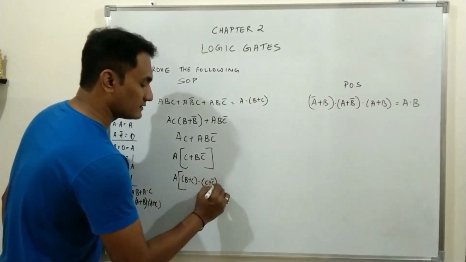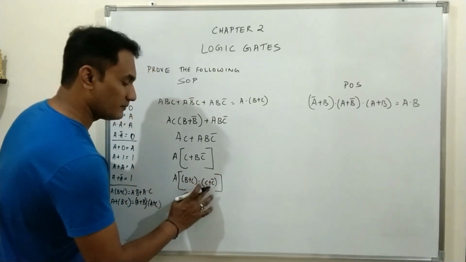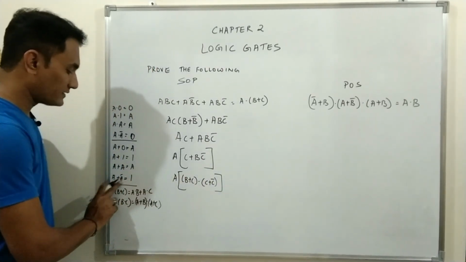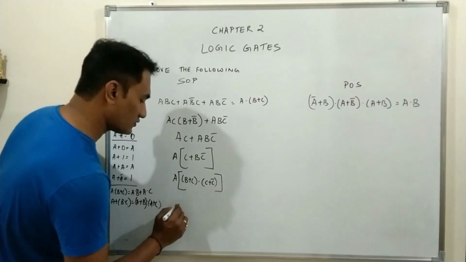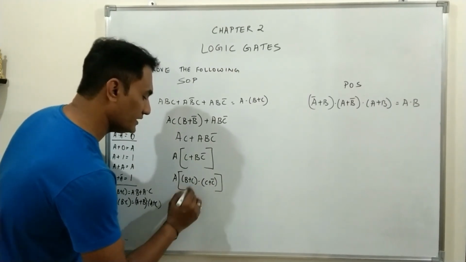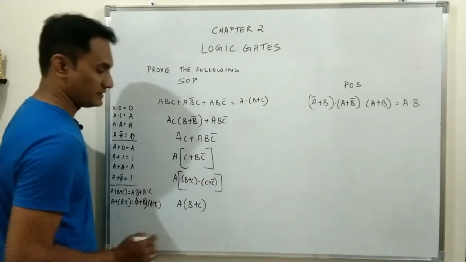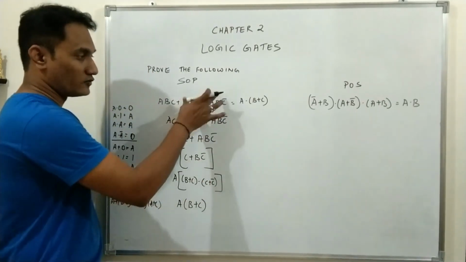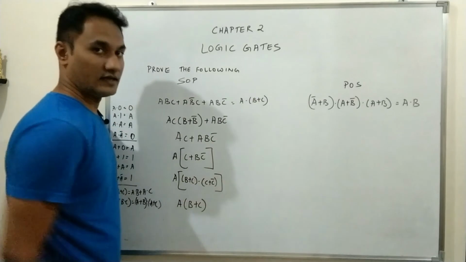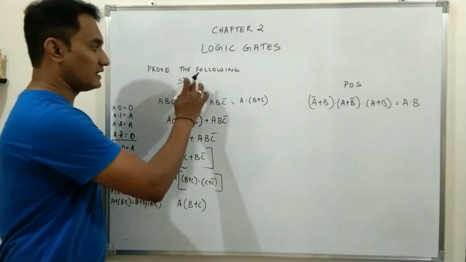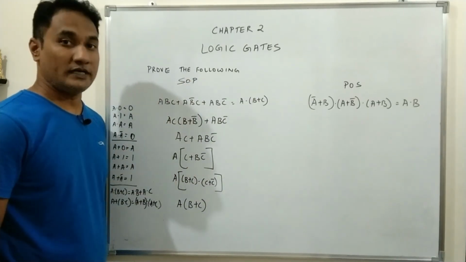What is C plus C bar? Again the OR law, A plus A bar equals 1, so this becomes 1. What is left in the bracket is B plus C, so A dot B plus C. So this is how you have to solve. You have to solve the left hand side to get the right hand side. This is an example of an SOP type of problem.